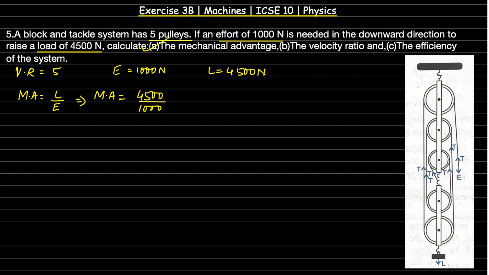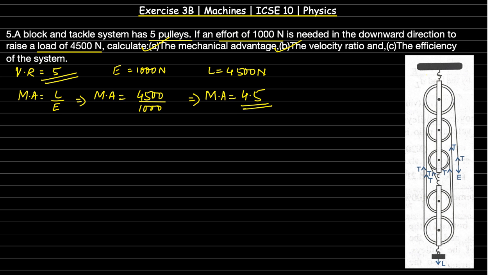So we get mechanical advantage as 4.5. So I've got the value of mechanical advantage as 4.5. The velocity ratio, I've already told about velocity ratio. The velocity ratio is straight away going to be 5 here.